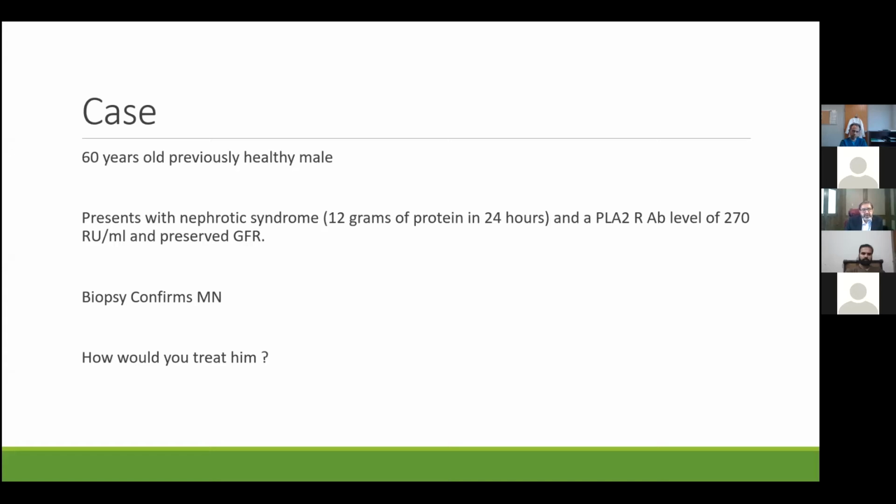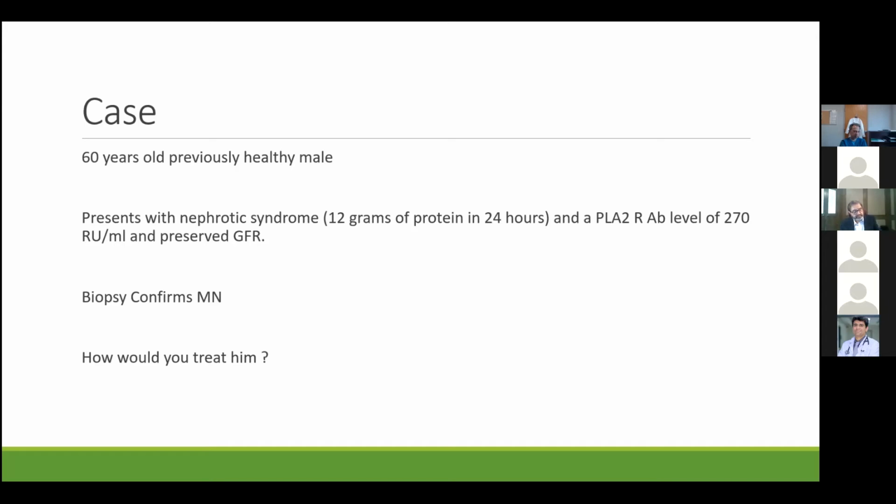Ahad, would you mind sharing how you actually treated this patient? I think you said you had treated them with rituximab. So we treated this patient initially with steroids and rituximab.